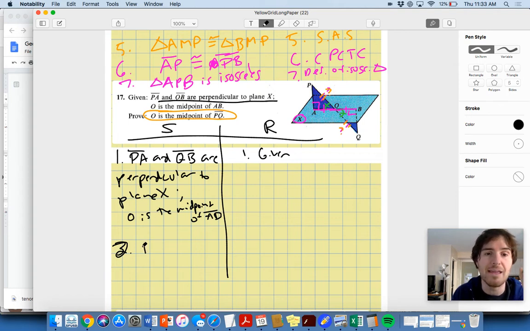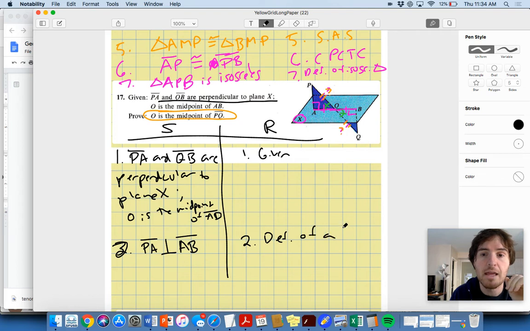So we're allowed to say that PA is perpendicular to segment AB. And that is from this given premise, so it was perpendicular to the plane, so it's perpendicular to that line on the plane that it intersects. So that's the definition of a line and a plane that are perpendicular.